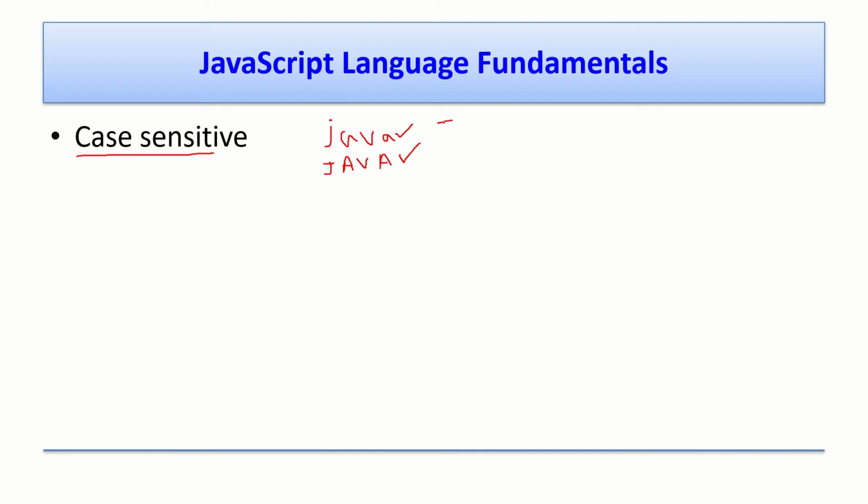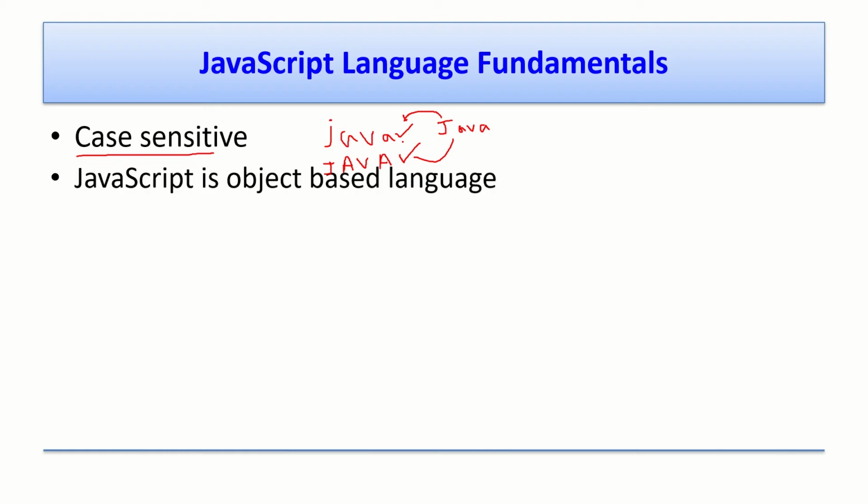This is different from these two because here three letters are lowercase and the first one is uppercase. All are different from one another. So if it is case sensitive, these three are treated as three different words. Got it? Okay.